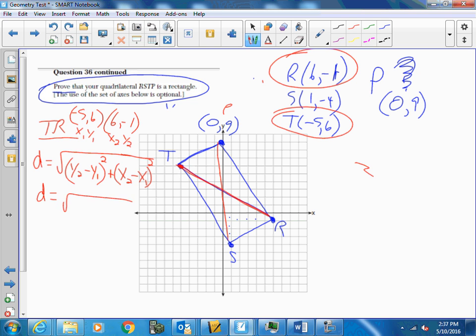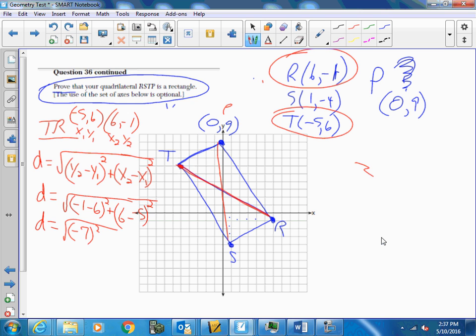So my distance formula is equal to the square root of -1 minus 6, all squared, plus 6 minus a -5, squared. Don't forget to square it. So our distance is equal to -7 minus 6 is a -7. Don't forget to square that.